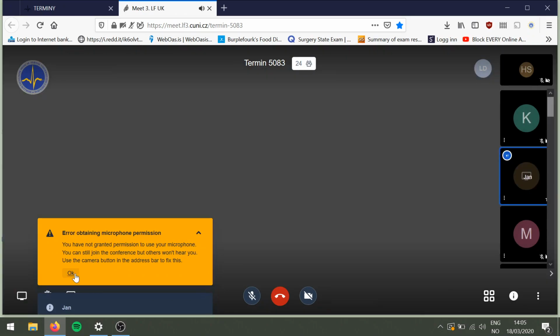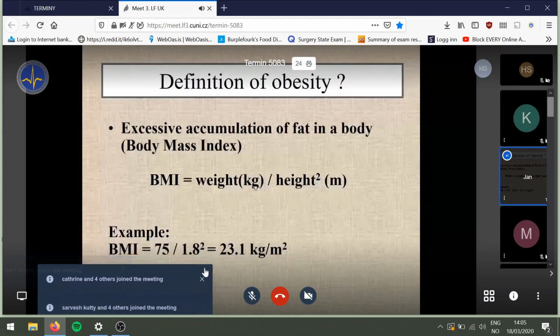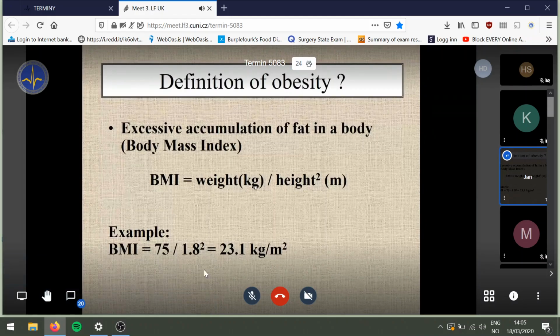The BMI level gives the obesity severity. So that's why even these cutoff levels 30, 35, 40 are somehow useful, because we will need them later on.